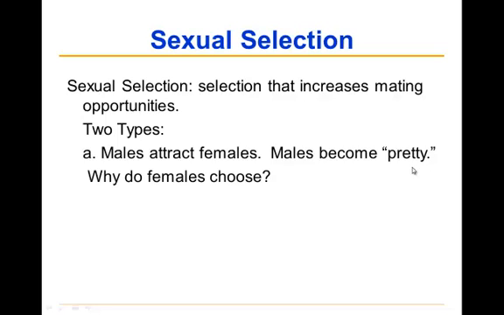so that he would be more likely to be selected for mating by a female. And you might ask yourself the question, why do females get to choose? Why don't the males choose? Well, it's because the females have a greater reproductive investment. The gametes of females, eggs or ova, are more energetically costly to make than is sperm.